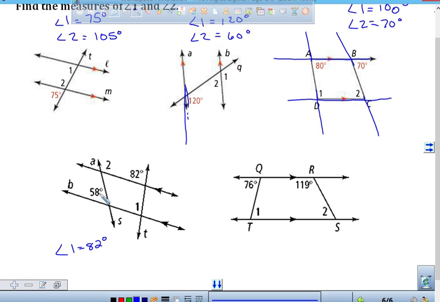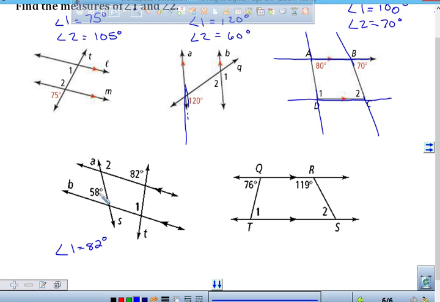No? I might have to find another angle first, right? So what other angle can we know that's not marked? S? Yeah, you can know S. S is vertical to 58, so that means S will be 58.